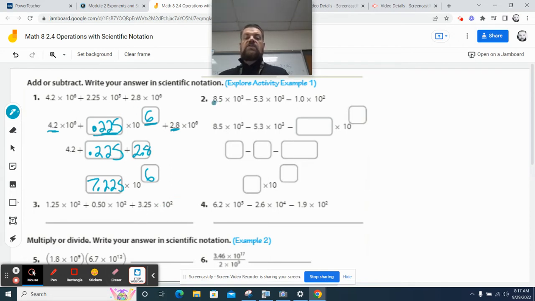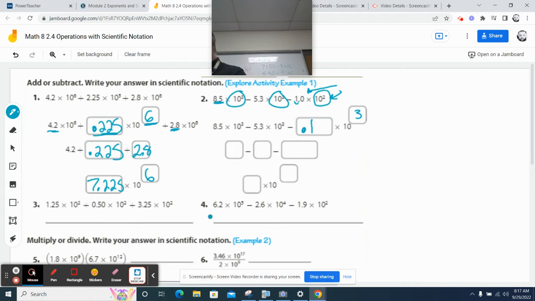So what they're doing is they're saying, okay, if I make all the powers the same power, like this is the one we'll have to change because it's not to the third power. In other words, this is to the third power, this is to the third power. That last one we need to change to the third power. How do I change it to the third power? I'm going to move the decimal over 1. So this becomes 0.1.